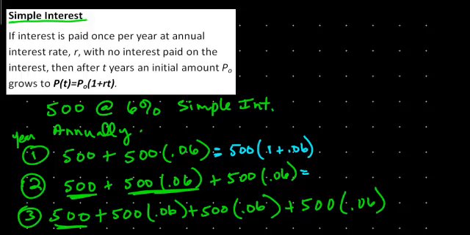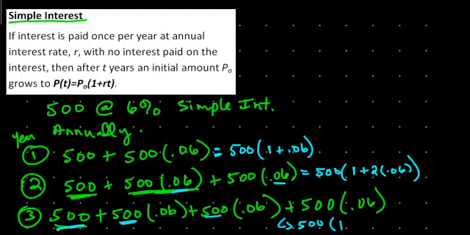And this one's going to equal 500 times 1 plus, and now I've got 2 of those 0.06s, 2 times 0.06, and then here this one's going to equal 500 times 1. So there, pull the 500 out of all these, and I'm left with 1, 2, 3 0.06s plus 3 times 0.06. Okay?